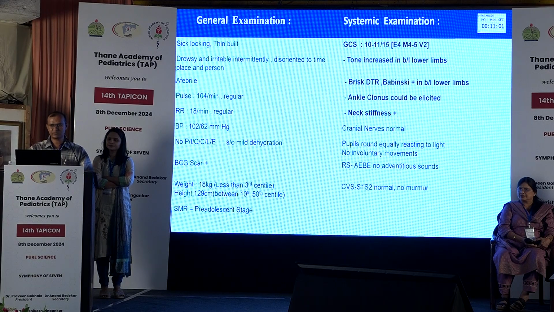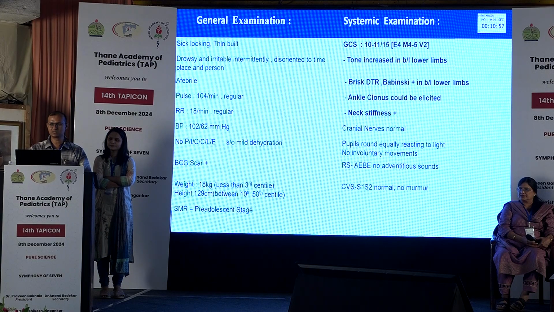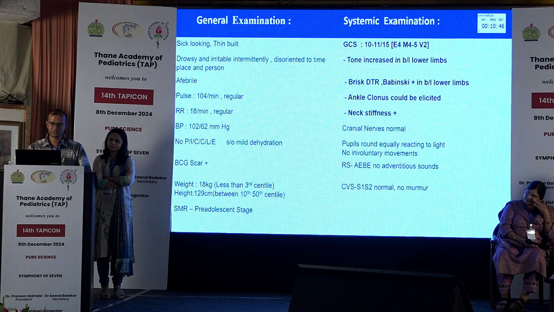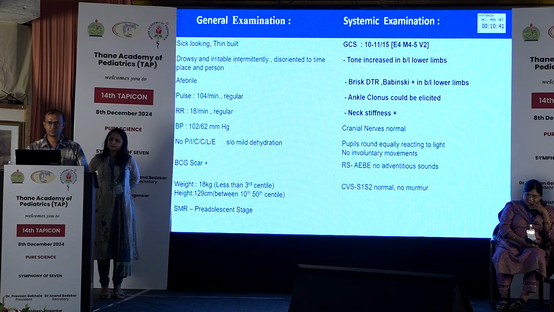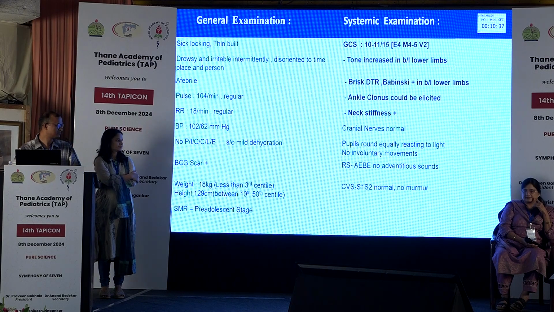GCS was 10 to 11 by 15. Tone increased in bilateral lower limbs, brisk deep tendon reflexes with Babinski's sign positive in bilateral lower limbs with ankle clonus and neck stiffness. No cranial nerve involvement, pupils equally round, reactive to light, and no involuntary movements. No other systems involved; other systems were normal.